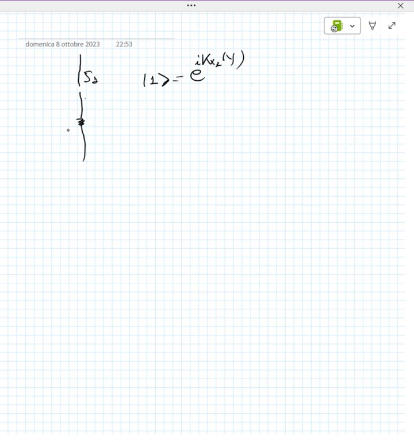This collects all the information on the wave that arrives here on the plate. So this collects all the information about the photon.